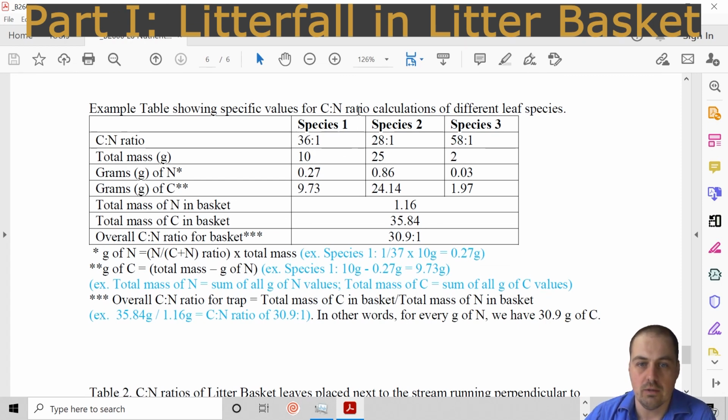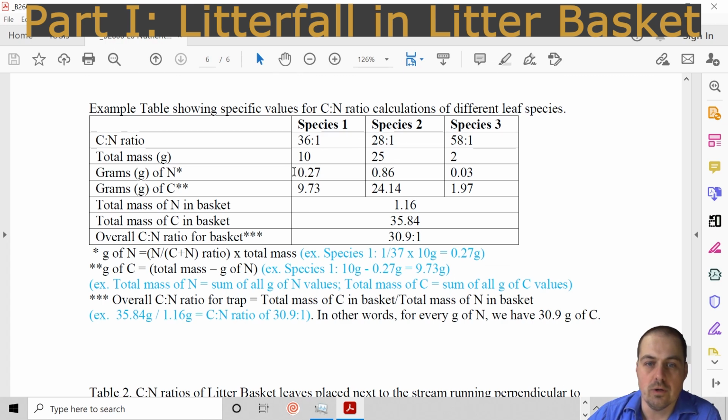So if you have species 1, you have a carbon nitrogen ratio of 36:1. That means for every 36 carbon atoms, you have 1 nitrogen atom in the leaves from this specific species. And so just for fun, we picked a total mass of 10.